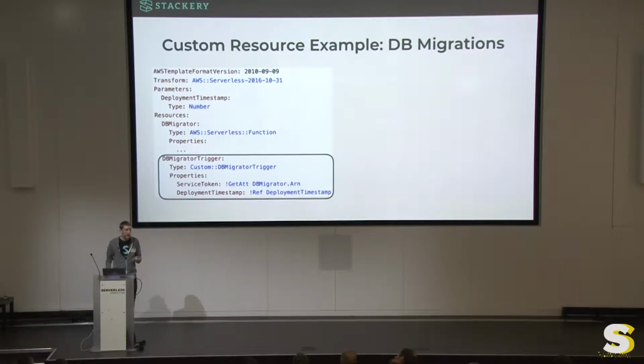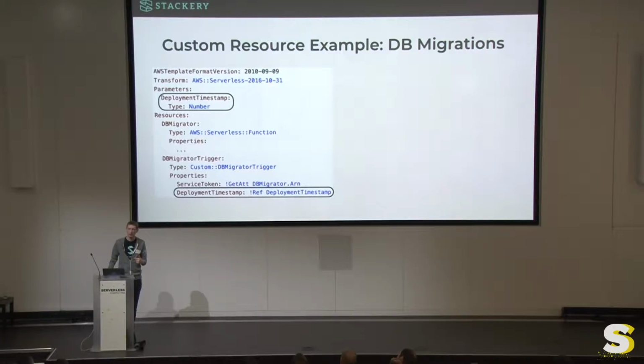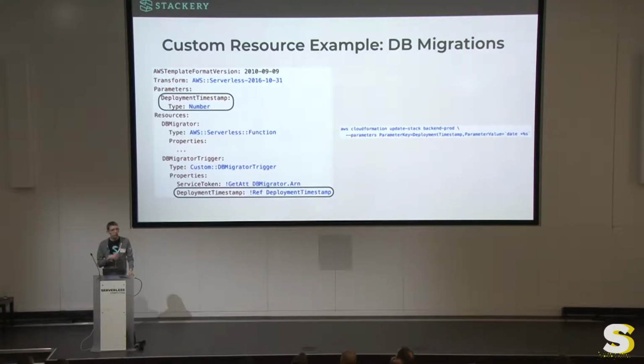Well, we can make sure that happens by passing in a parameter that changes on every deployment, like a timestamp. So now we script it so that every time we update our stack, we pass in a timestamp as a parameter. That's going to automatically trigger our database migrator function to run.